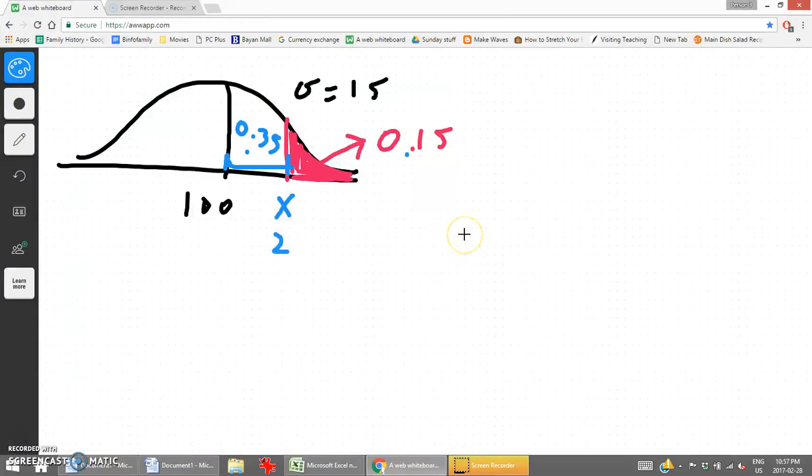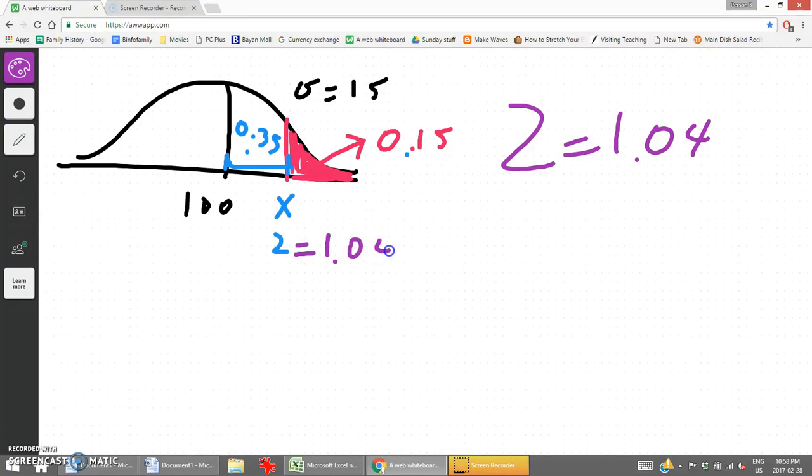So now we know that the z value is 1.04. Whatever the x value is will correspond to that z value of 1.04. We put this into our formula, which is z equals x minus the average over the standard deviation.